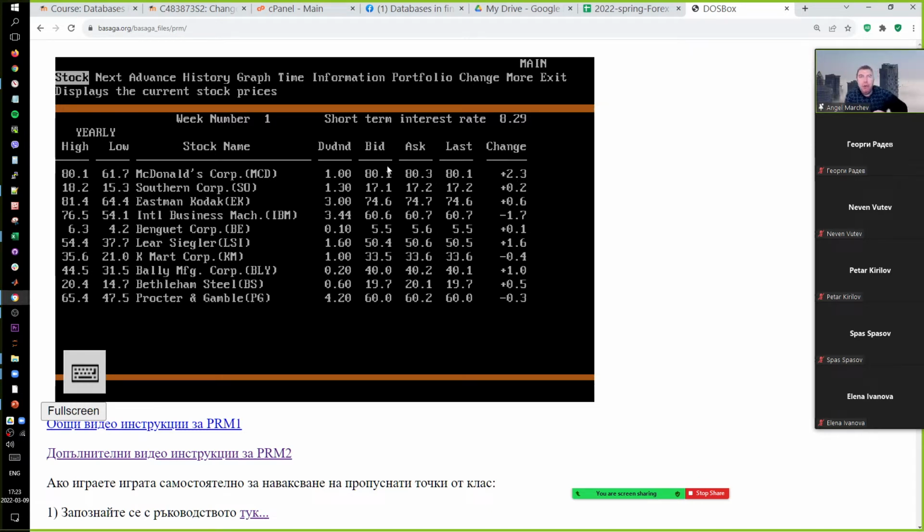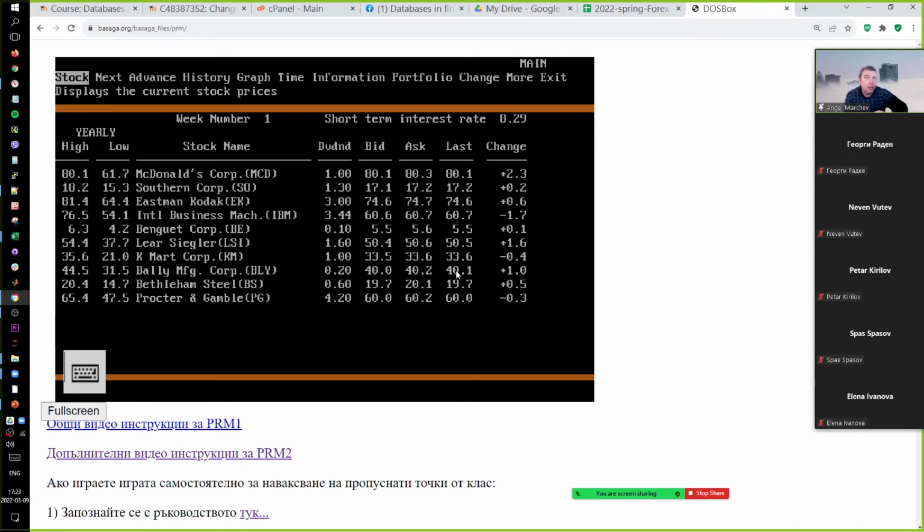And one important issue here: all these columns, apart from the dividend, everything else is measured not in decimals, but in eighths. So, for example, 40.1 does not mean $40.10.